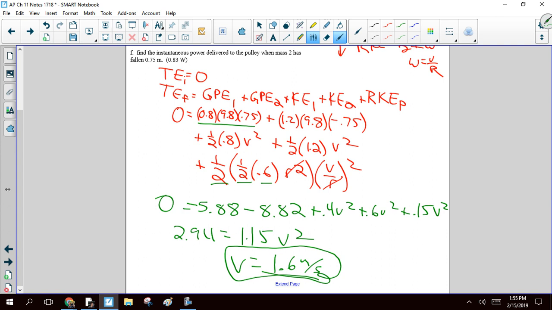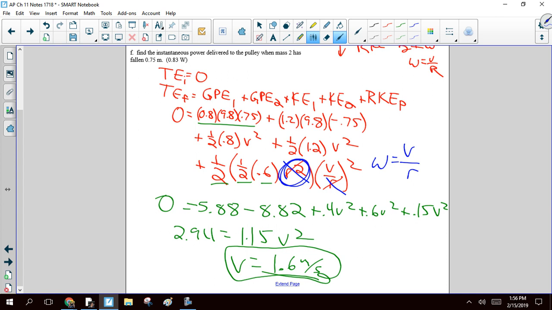So it's basically just a conservation of energy problem, like we would have done before. The big trick is replacing the omega in that RKE equation with v over r, and very frequently you can leave r in when you calculate your I, your rotational inertia, and then the r's cancel just like they did here.